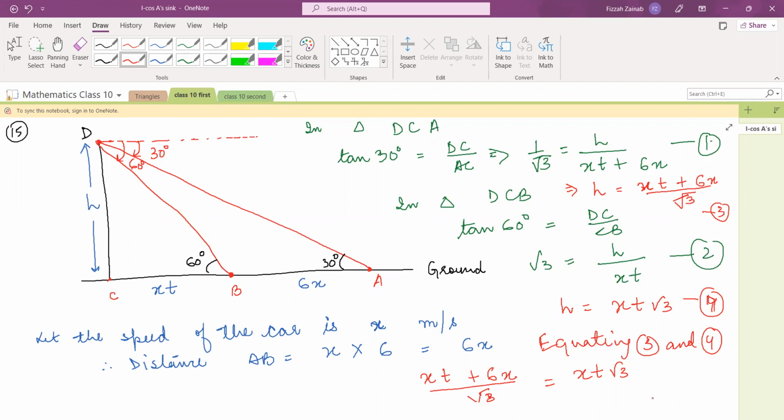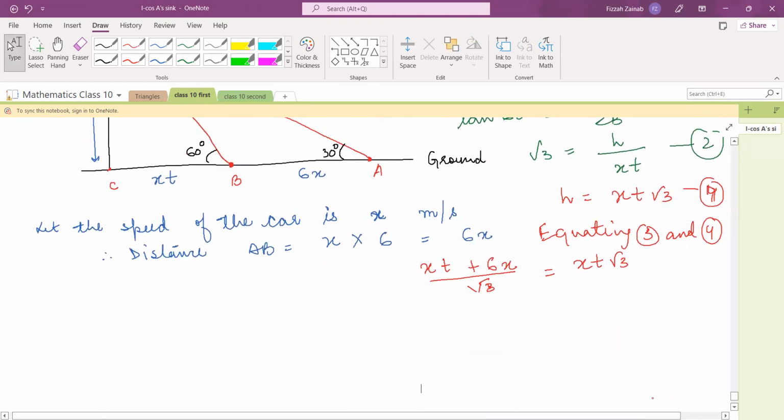Something is equal to something is only one equation, isn't it? So I have to eliminate either T or X. Okay, now you help me out. What can I do here? Let us try to solve it. Might be something gets cancelled out.